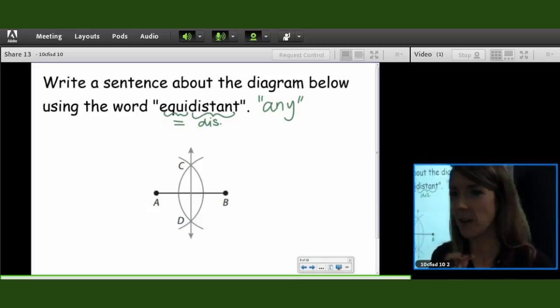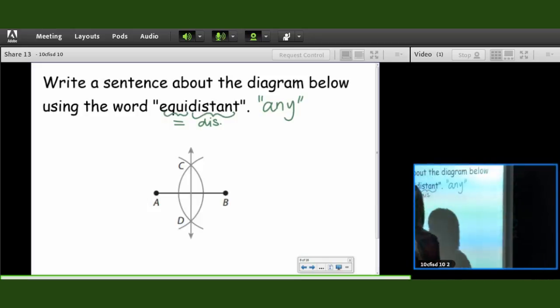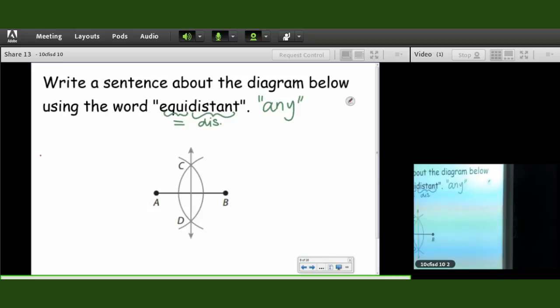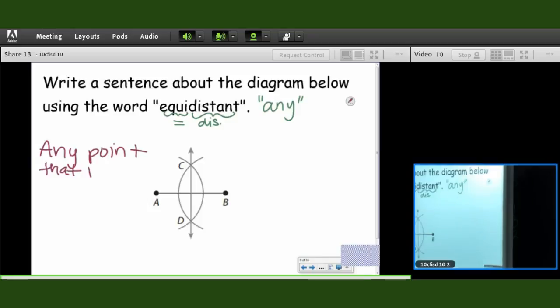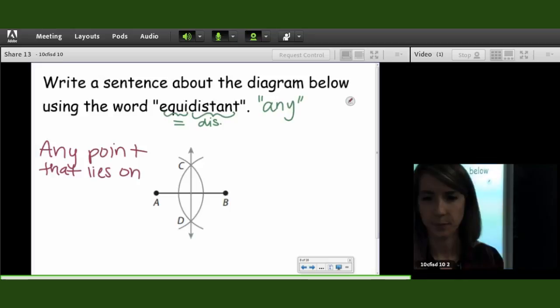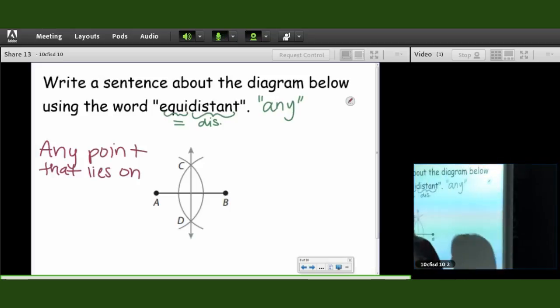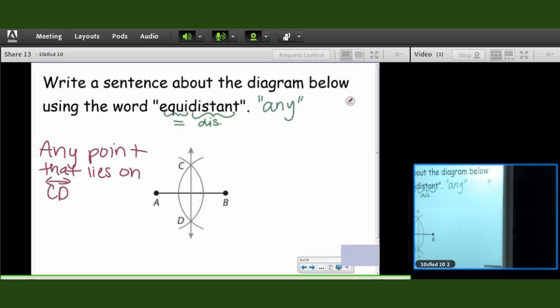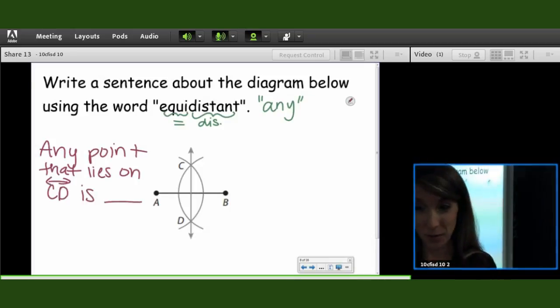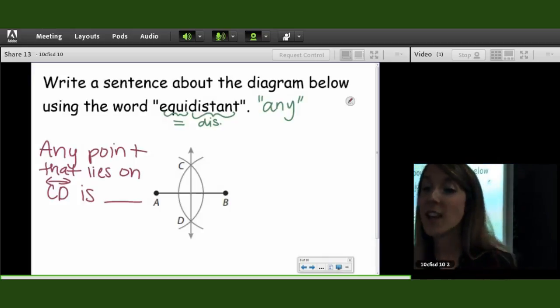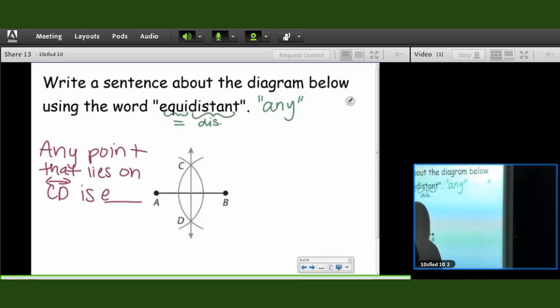Here's what I was going for. Okay, so I wanted you to use the word any, so I would have started with the word any. Any point that lies, what do you think the next word was? Any point that lies on what? Good. Any point that lies on line CD is, and I was going for equidistant.